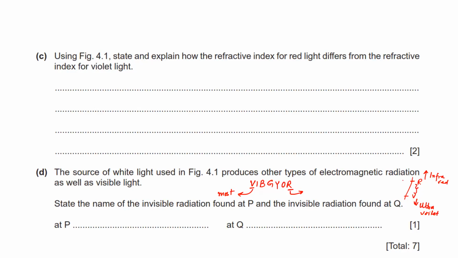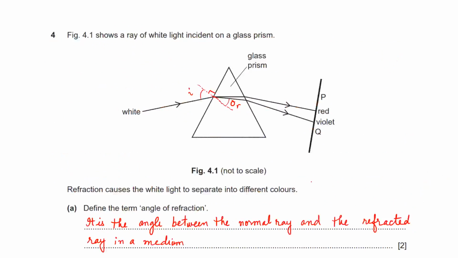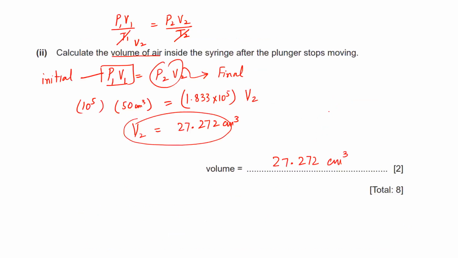Okay, so let's see what is there in our picture. So above red we have infrared and below violet we have ultraviolet. So P will be infrared and Q will be ultraviolet. That is the best way to remember. The next electromagnetic radiation towards the red side will be infrared, and on the violet side, that would be ultraviolet.